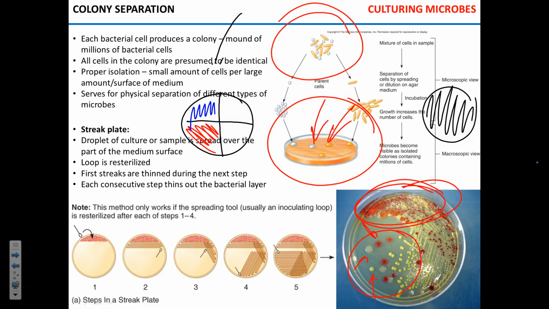Because if you swab something like your wristband, there's going to be a lot of microbes. They're going to be boring, but there's going to be a lot of microbes. That makes sense? And the second half is going to be a different one, right? So that's the most common method, the streak plate.